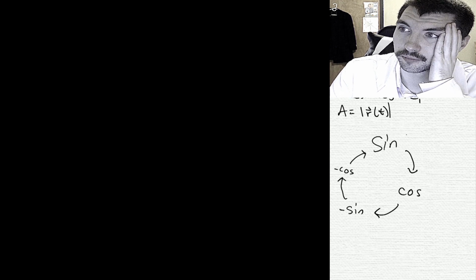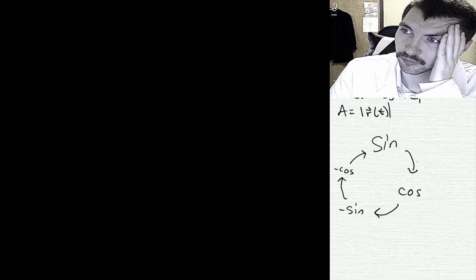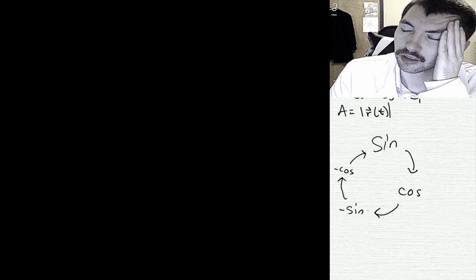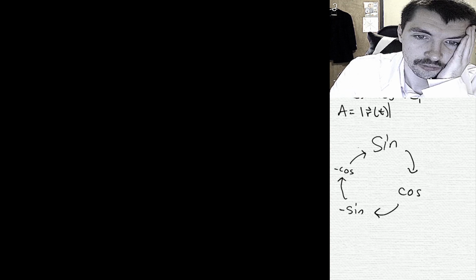So if you're taking the derivative of sine, you get cosine. Derivative of cosine is negative sine. Similarly, if you're taking the integral of cosine, you get sine. Integral of sine, you get negative cosine.